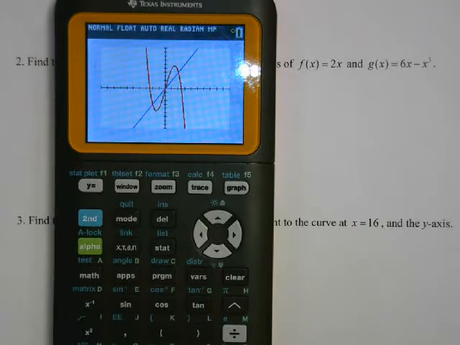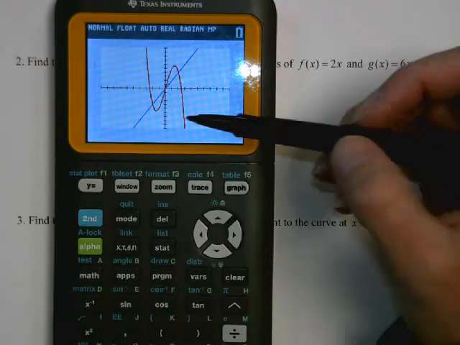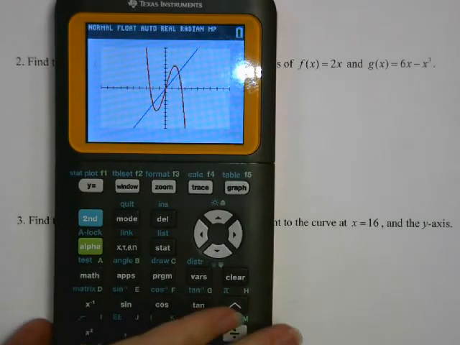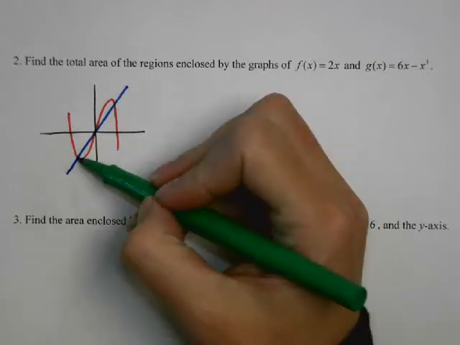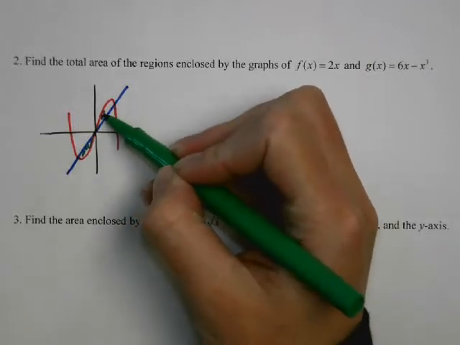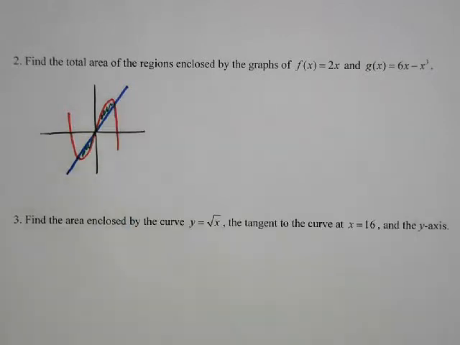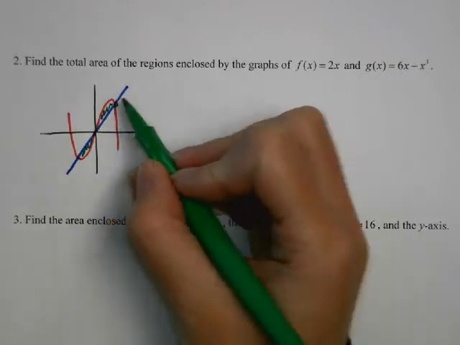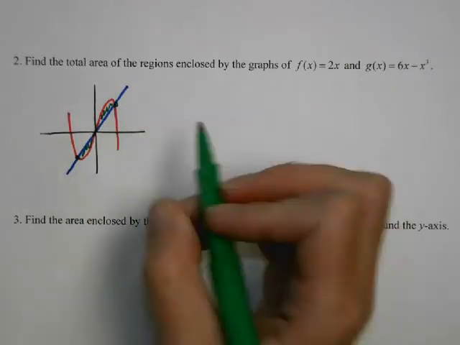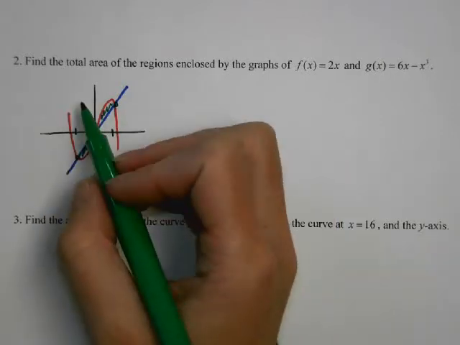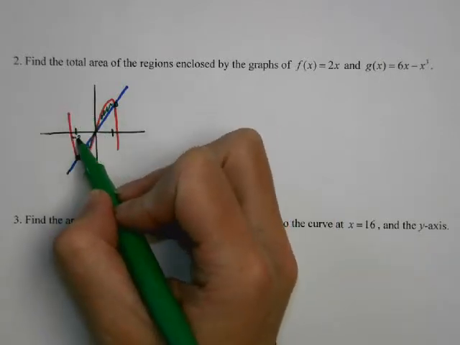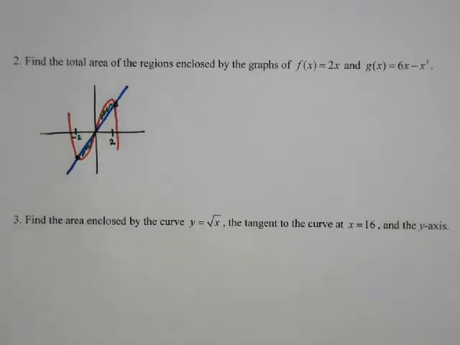And there's our function. So we're interested in this area and this area. So we have this area and this area. So what we need to do is figure out what these points are, and we can use the calculator to find those intersections. You will find that the intersections, this one here is -2, this one is +2. So this is one where it switches which graph is on top.